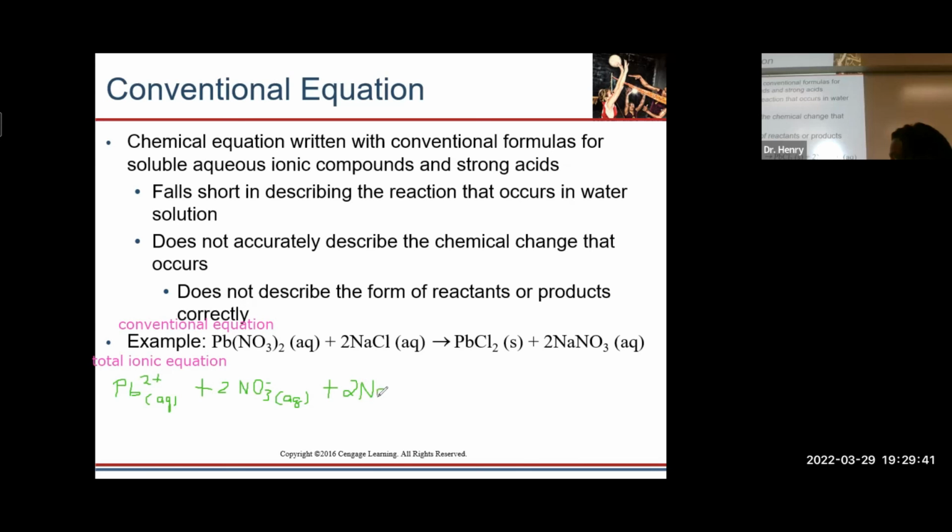So we'll get the sodium ion, which we know is plus, aq, plus 2Cl, right? 2Cl minus aq. And then that's going to yield.